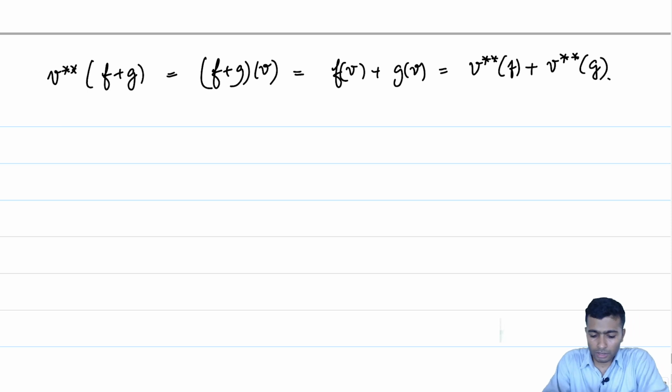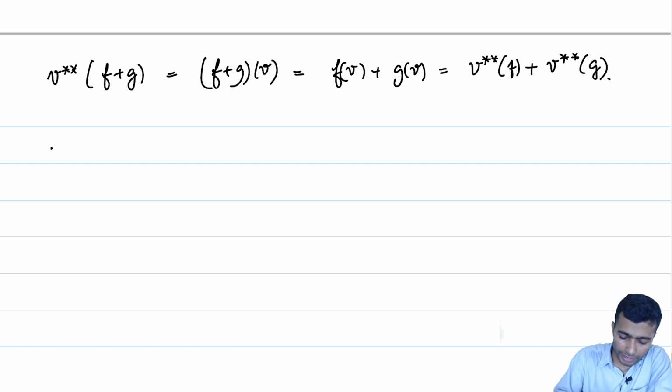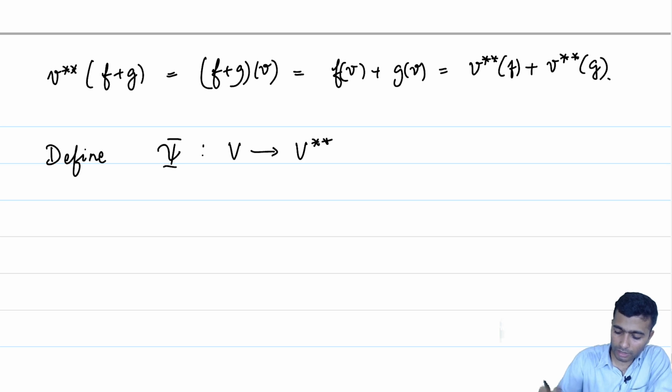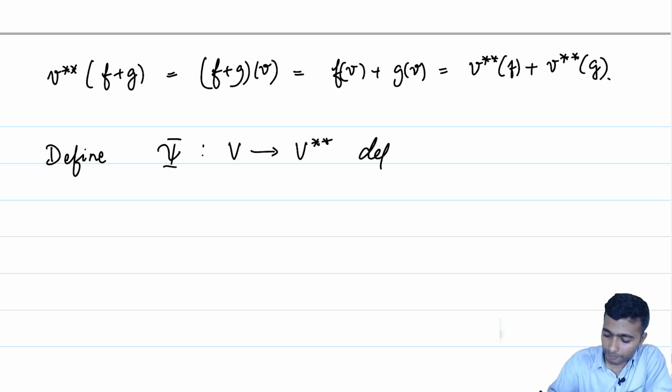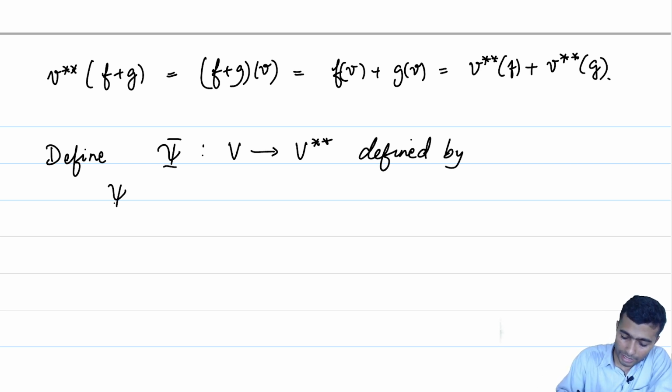All right. So, let us now define a map. Let us call it psi, from V into V star star, defined by psi of v to be equal to v star star.